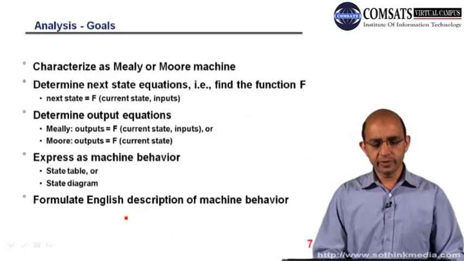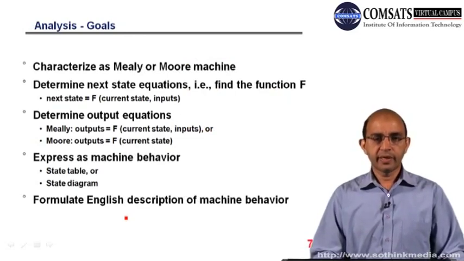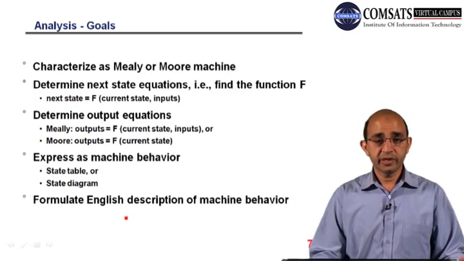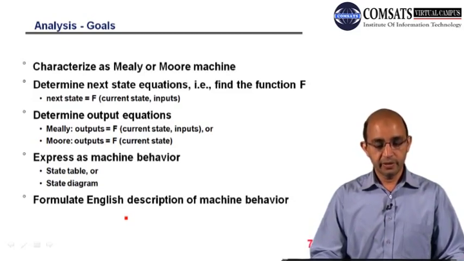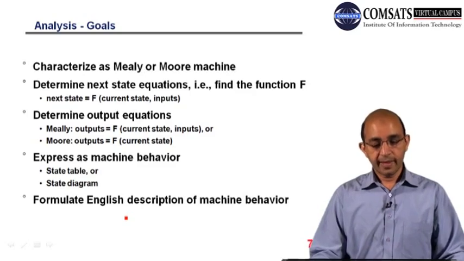These are some of the goals. Whenever we are analyzing a sequential circuit, we are interested in characterizing the type of machine, either a Mealy machine or a Moore state machine. Another objective is to find the state equation. We know that the state equation is a function of the current state and the inputs.